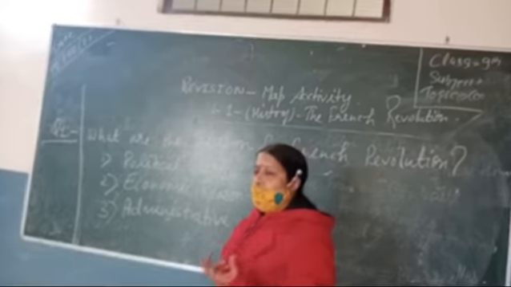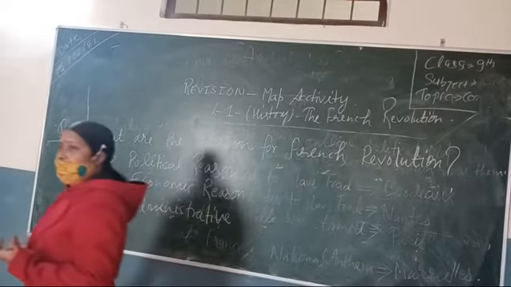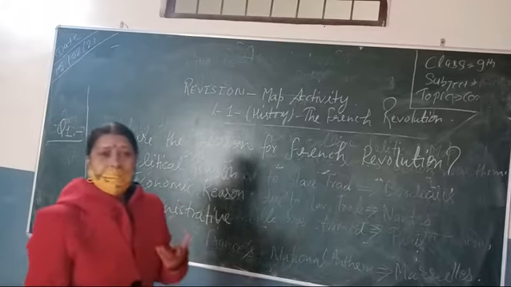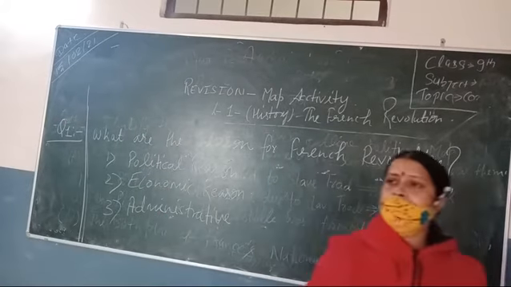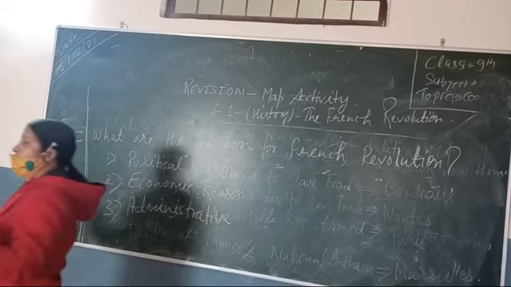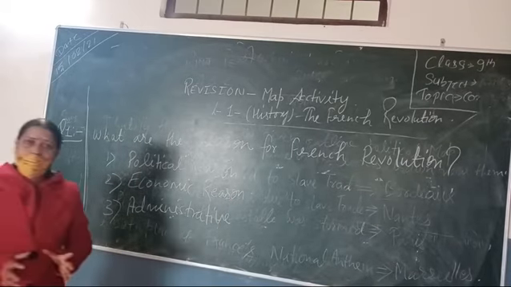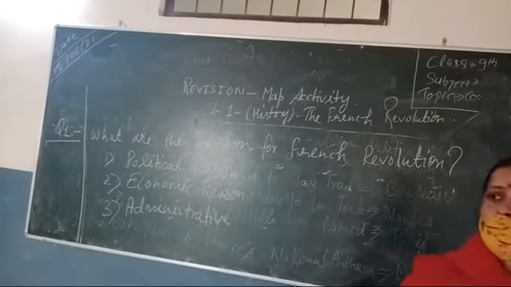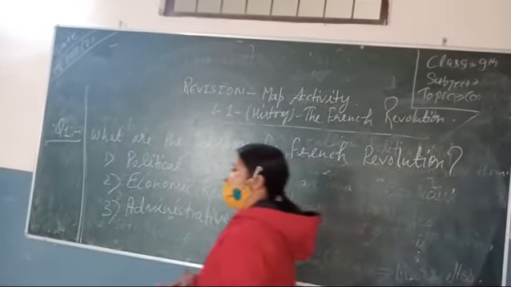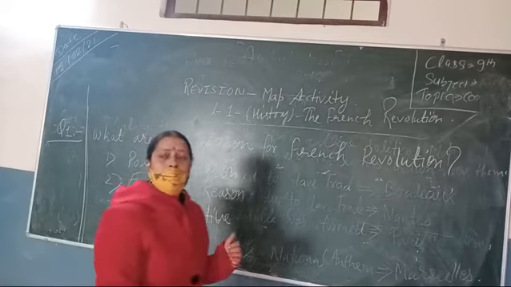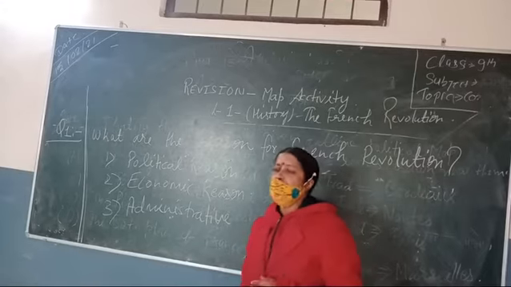If there was a political reason, it means that when Louis XVI became the ruler of France, at that time the treasury was empty. He did not have so much money to rule as a king in France. Yes or no? So the political reason was that there was an empty treasury before the French Revolution in France.